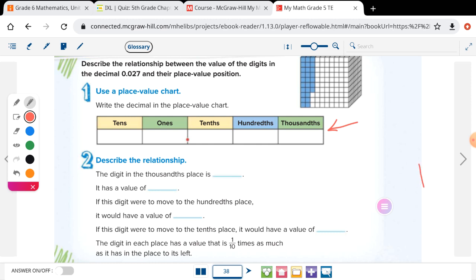So we're going to start by just doing this problem, and then we're going to bump over to the other page. It says, describe the relationship between the value of the digits in the decimal 0.027 and their place value position. How do I place that in my place value chart? Michaela?